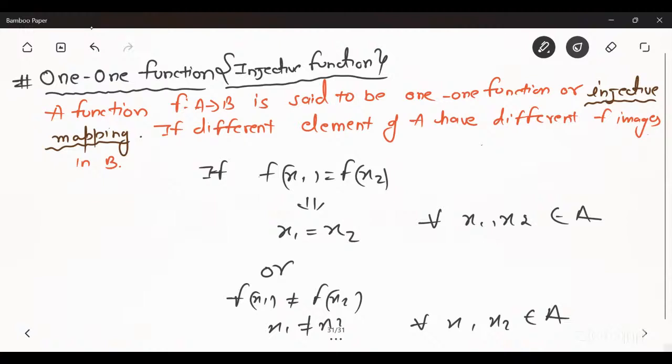One function means a function which has only a single mapping. Okay, unique map. So unique image is known as the one function. Unique image or unique pre-image.